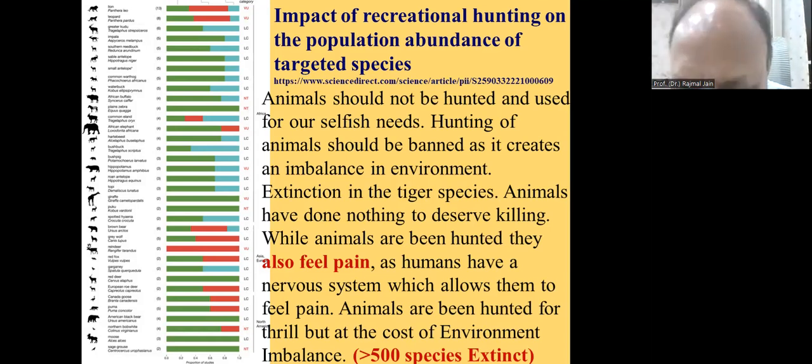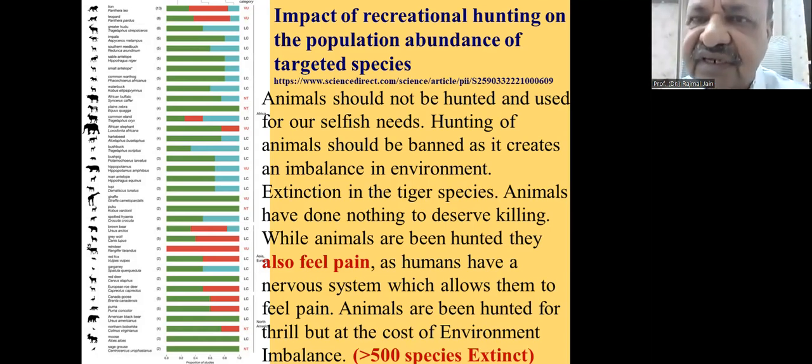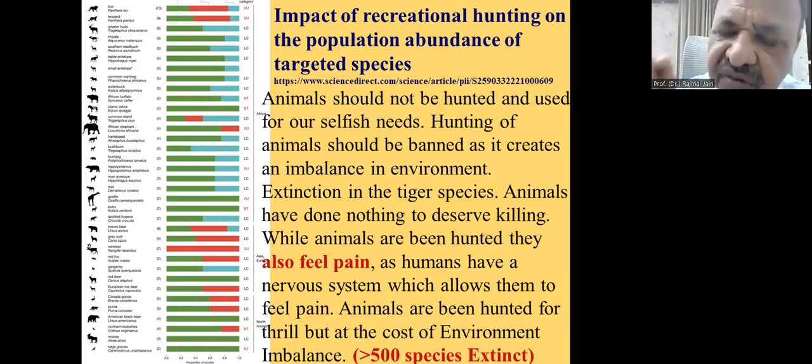So when the whole study was done, they told that more than 500 species are already extinct. They are no more there because people, in their amateur way or in recreational hunting, did not only kill that species, but they killed their eggs also.